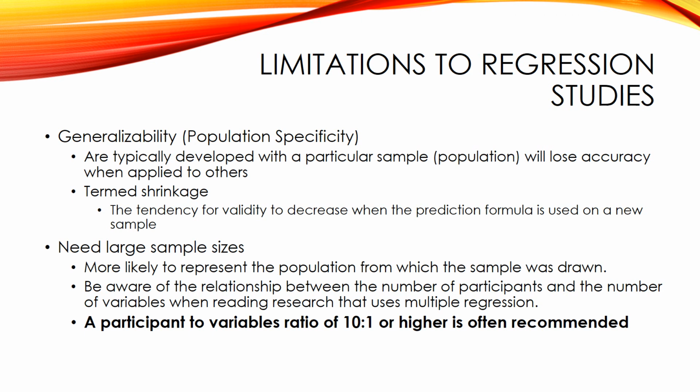So it's very population specific, and that's termed shrinkage, because it decreases the prediction capabilities or accuracy with the new population sample. The other thing is you do need large sample sizes to represent the population.